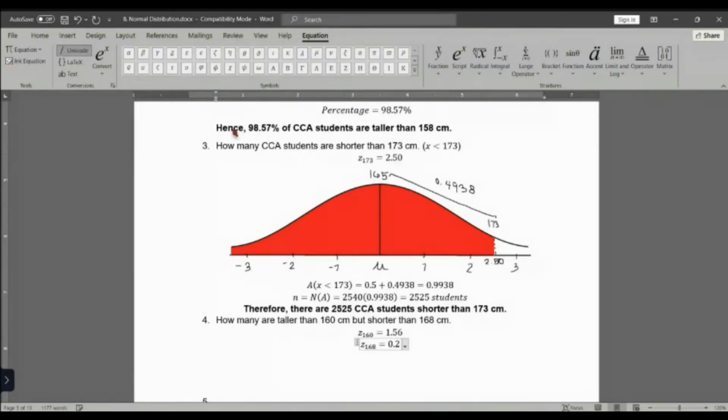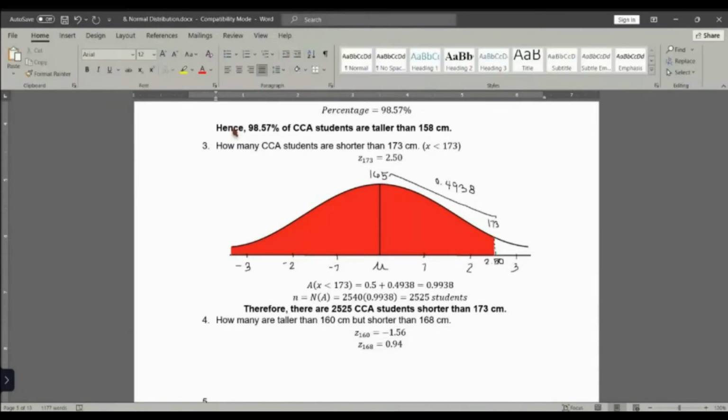Wait, 94 po. Tama ba yung 1.56 ko dito? Negative. Sorry. There should be negative, right? Ayan. Negative 1.56 and 0.94. Thank you. We can now illustrate this.